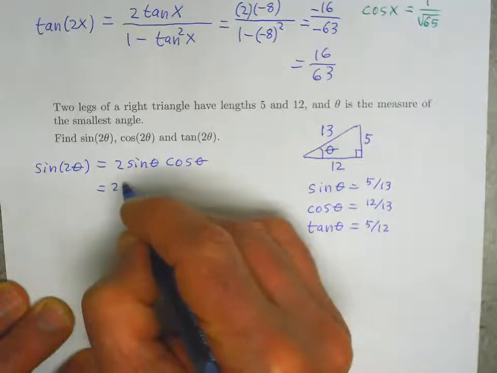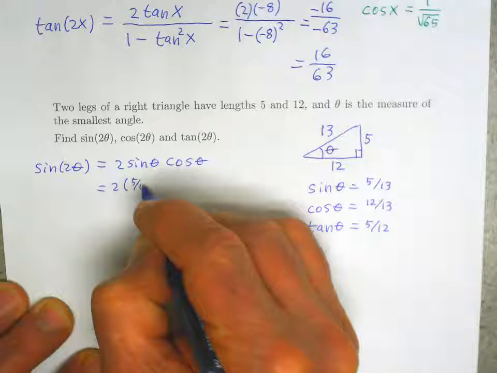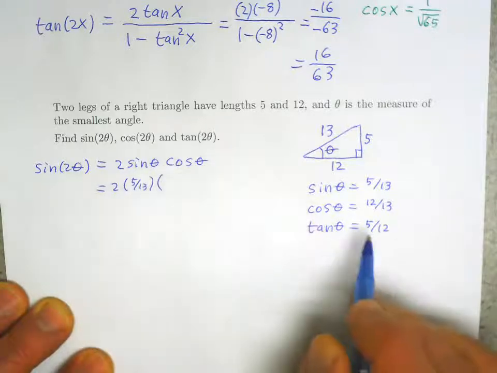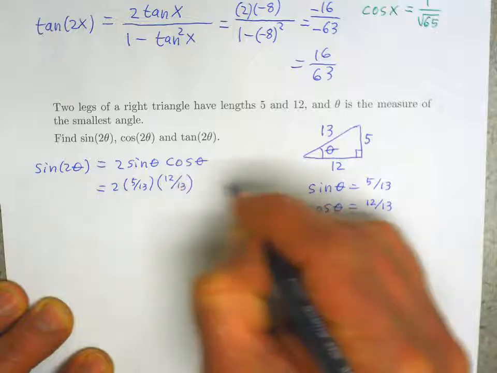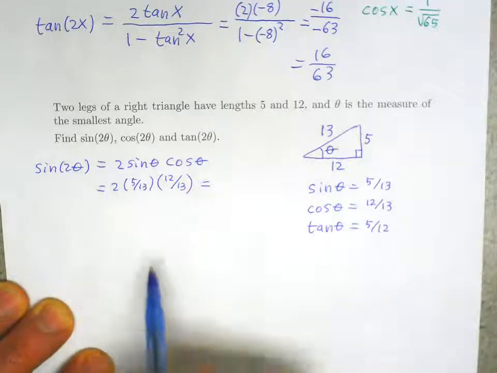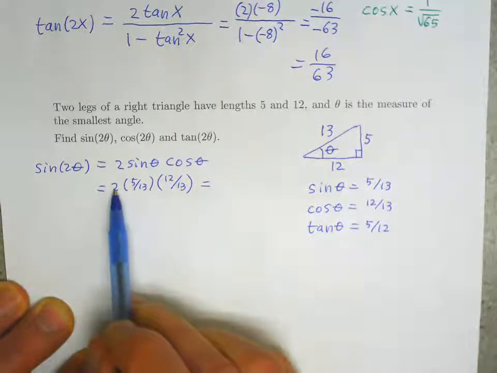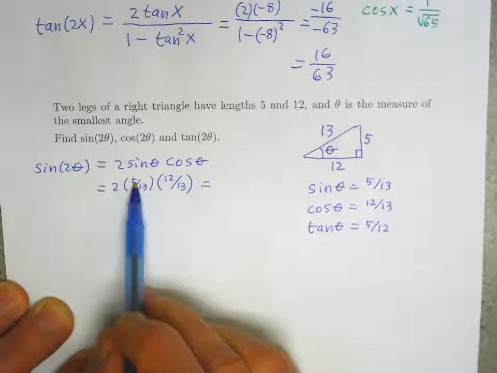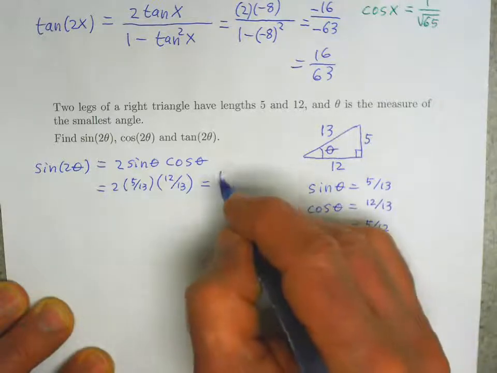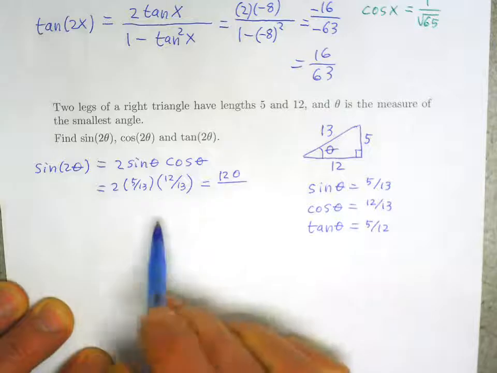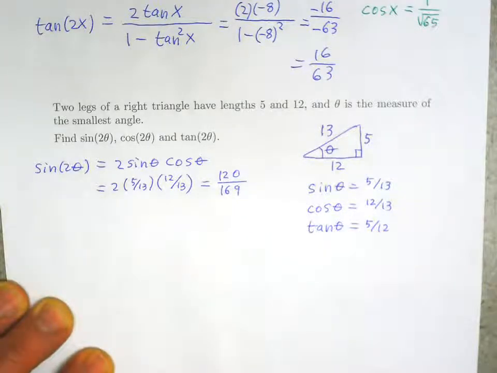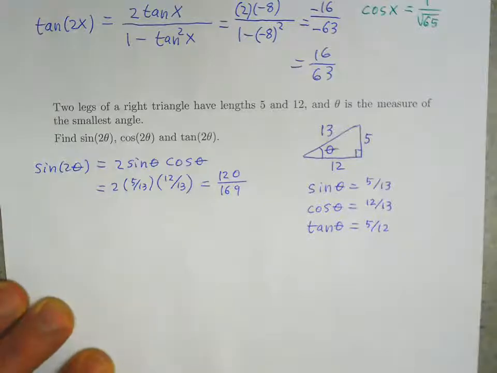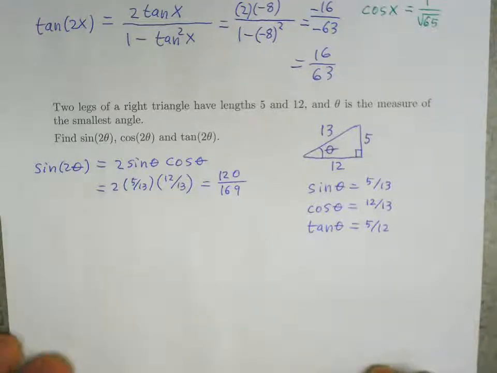So we have 2 times 5/13 times cosine of theta, which is 12/13. And do the arithmetic. In the numerator, 2 times 5 is 10. 10 times 12 is 120. And the denominator, 13 times 13 is 169. So sine of 2 theta is 120 over 169.